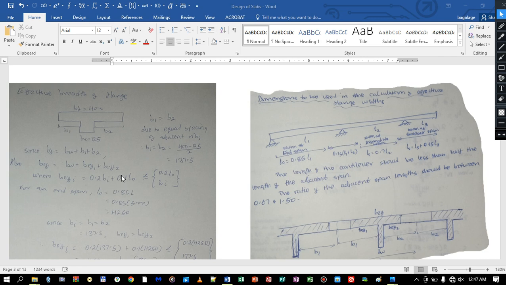0.2 of this very one plus 0.1 of LO, whereby LO for an end span, since we are designing for an end span, is 0.85 times the span itself.